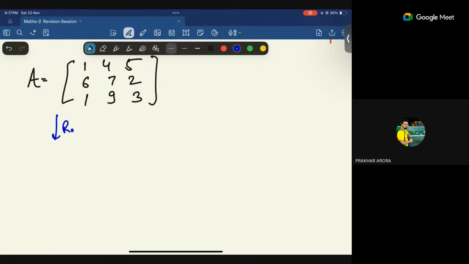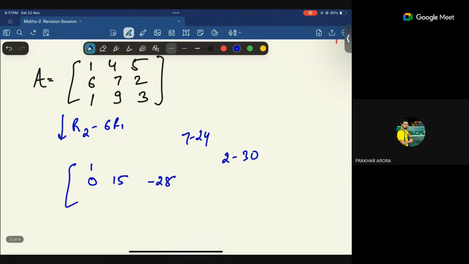R3 minus R1. So this would be 0, this would be 5, this would be minus 2. Or let me do it simply. R2 minus 6 R1, this is going to be 1, 0. 6 R1 is 24. 7 minus 24 is minus 17. 2 minus 30 is minus 28.